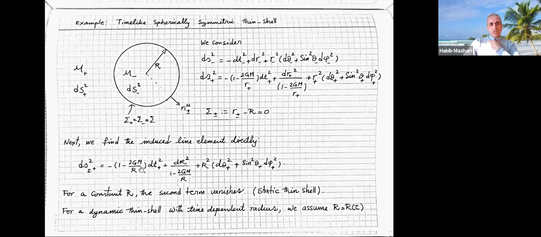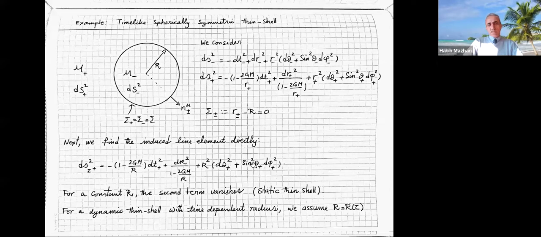You just consider r to be equal to capital R, and for outside, I write it like that, but if R is constant, dR should be 0. That is for the case of a static shell, so this second term will be 0, and then we will have what is left.